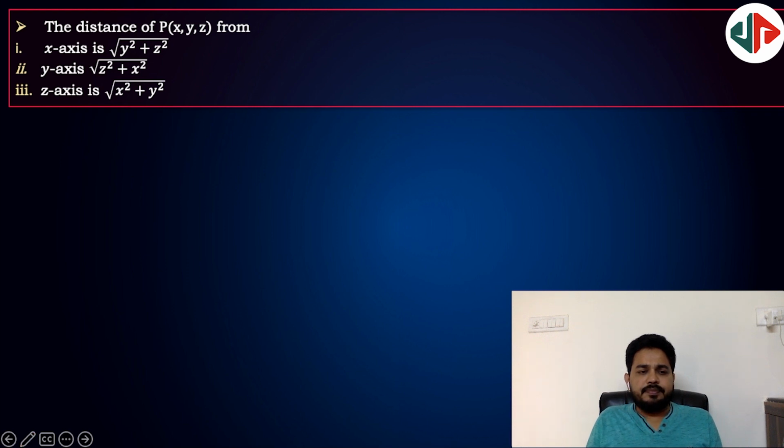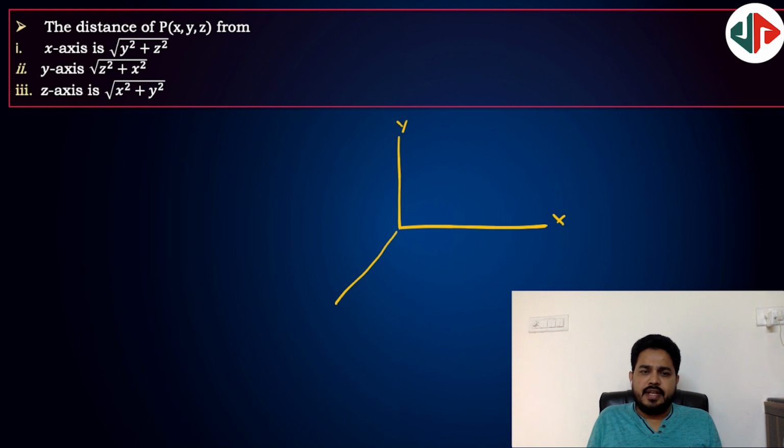See, if this is the x-axis, this is the y-axis, and this portion is the z-axis.